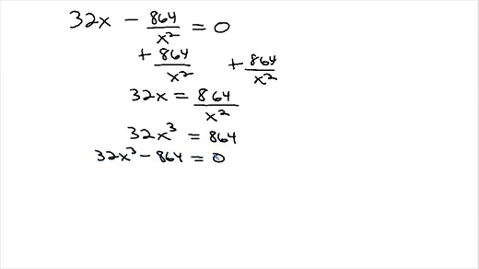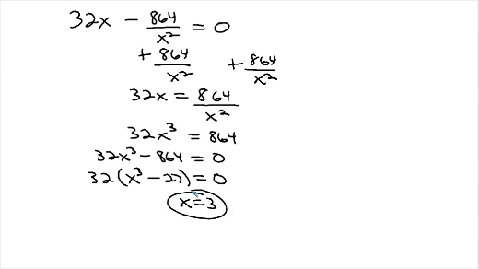I can pull out a 32, and I've got 32 times x cubed minus 27. And so my critical point, we'd finish this up, is going to be 3. Critical point there is going to be 3.